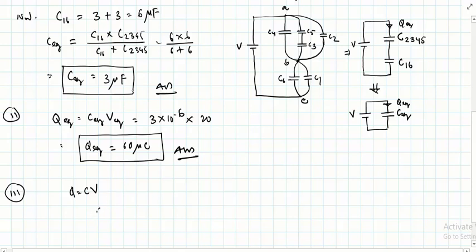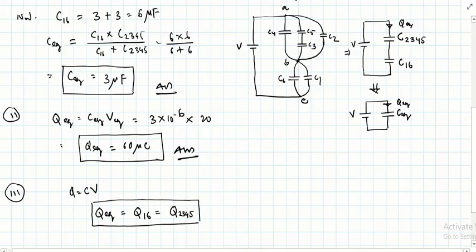That means I can say that Q equivalent is basically Q16, whatever the charge across the capacitor 16, and also the Q2,3,4,5, right? Because they are in series. We know that in series the current is the same, so that's why I can say the charge would also be the same. So they are in series.